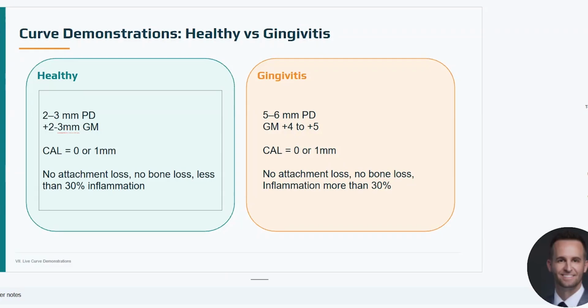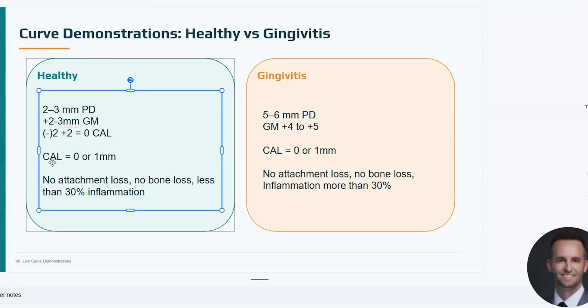So what will happen is it'll cancel each other out. If we have a 2 millimeter probing depth and a +2 gingival margin, then we're going to put our invisible negative sign on the probing depth, and the +2 of a gingival margin is going to give us a 0 clinical attachment level.